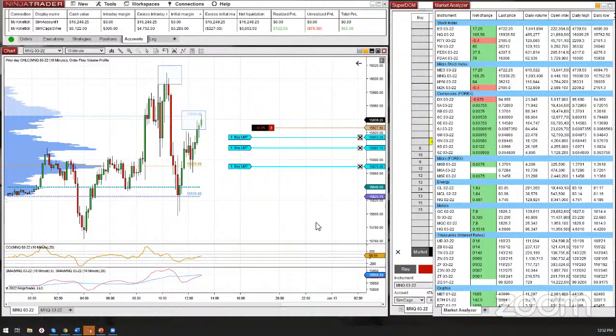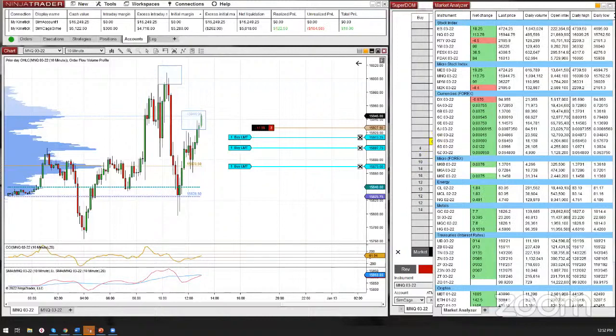Sometimes folks just keep cost averaging in because they're frustrated that their initial trade idea was bad. That's not a good practice. That's a bad trade practice. So you wouldn't want to do that. But coming up with some scientific levels like point of control, top of the value area, competing points of control, candle structure, those kinds of things can give you some areas of interest where you may want to enter a multi-unit trade.